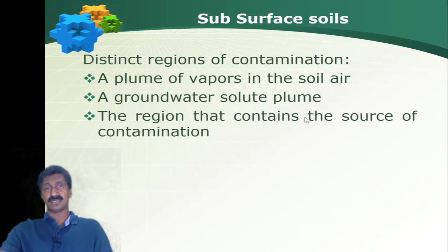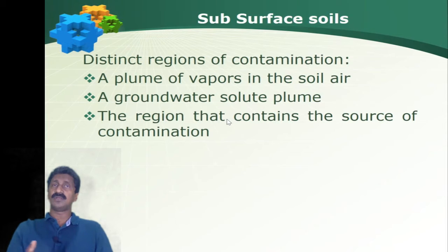At the bottom portion there will be the underground contaminant source, from which the pollutant will be released to the water. So the water will be polluted, and above that water layer there will be a soil layer, and that soil will have trapped air in it, and that air also may be contaminated with the pollutant. So there are different layers, different areas in which subsurface soil contaminants are present.